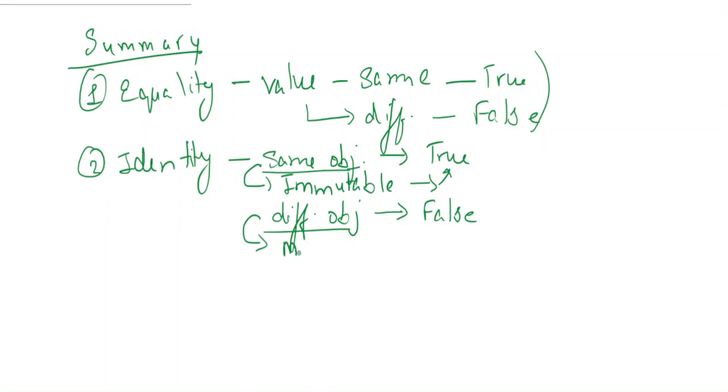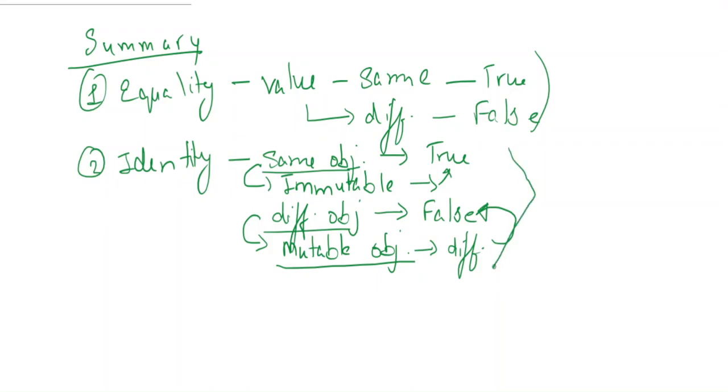And if we have a mutable object that we are talking about in the question, then we have to create different copies, because using the same copy may create conflict between the two variables. So in this case, we will have different objects, and it will return false. So over here also, guys, it has become as simple as the equality operator.